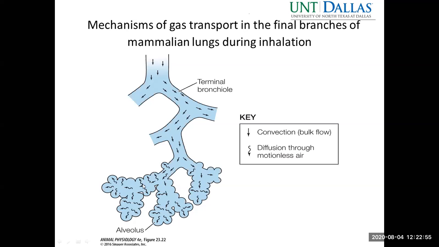You can see it's branching. When it flows by convection, bulk flow is occurring. Convective airflow ceases before the air reaches the alveolar sacs. Because the gas in the blind ends of the airways is motionless, oxygen and carbon dioxide transport through the gas must occur by diffusion.